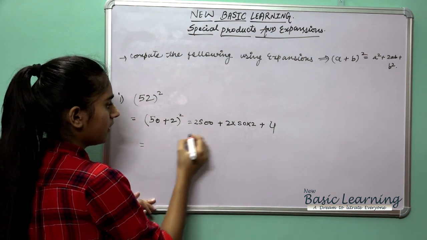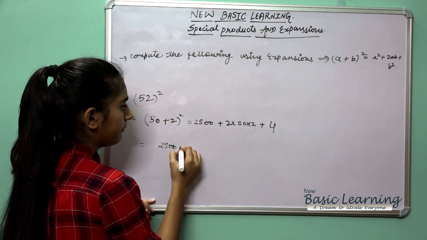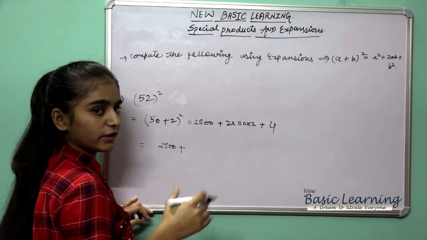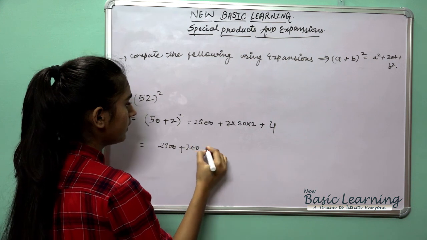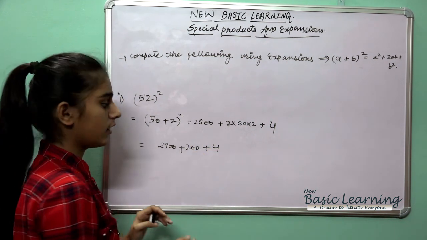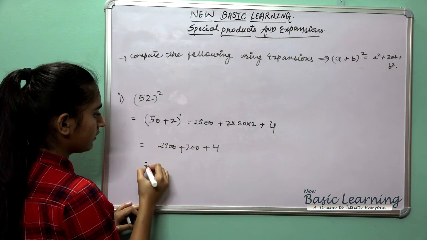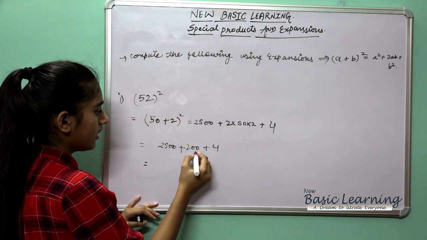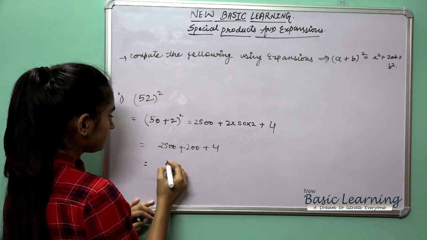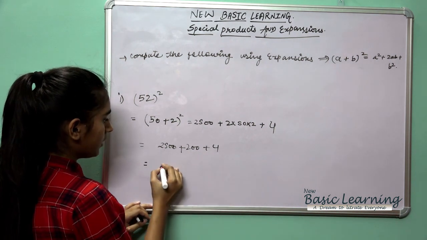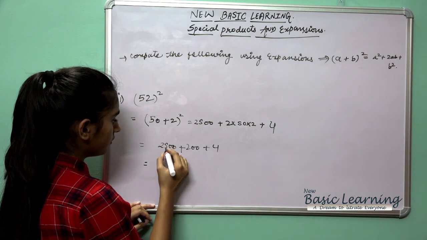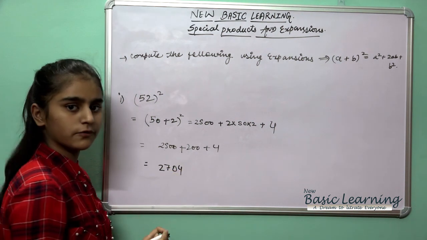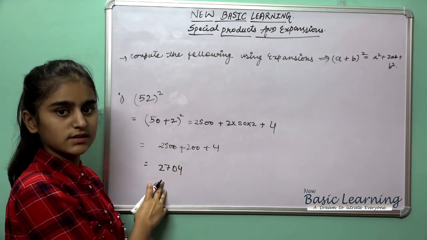Now 2500 plus 5 twos are 10, that is 100, plus 100 into 2, this gives you 200, plus 4. Now the value which we get after calculation, we have to add the values now. It will give you 2704. I hope this type of question is clear to you.